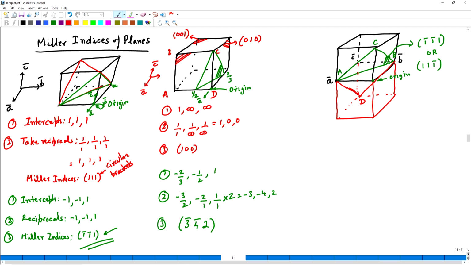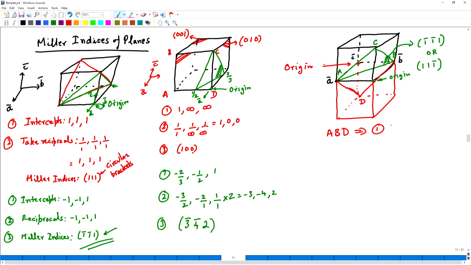So, let us now concentrate on the plane ABD and try to get the Miller indices for this. The Miller indices for this should represent the same plane as the Miller indices for the plane ABC. So, take the ABD. Now, where should I take the origin for this? The origin I will have to take out here. If I take the origin here, let us look at the intercepts.